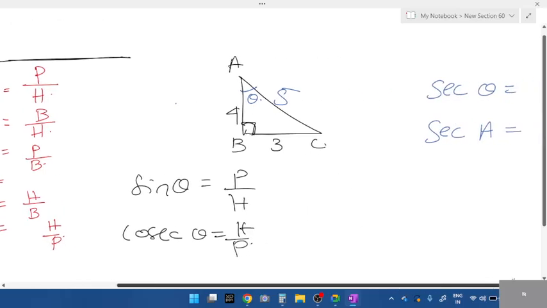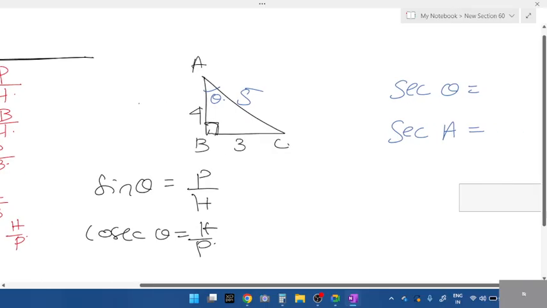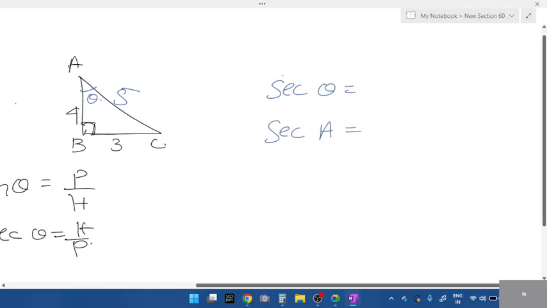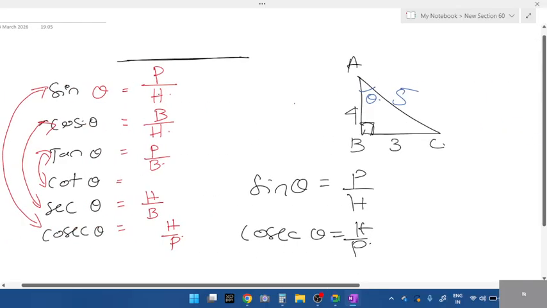Clear? Okay, now back to this question. I asked you all to find sec theta. So when it is sec, what do you have to remember? Sec is opposite to which one? Cos. What is cos formula? Base by hypotenuse. So sometimes even I forget to remember all the formulas in order. So I would study only these three: sine, cos, tan, and I know the order: sine, cos, tan, cos, sec, cosec.